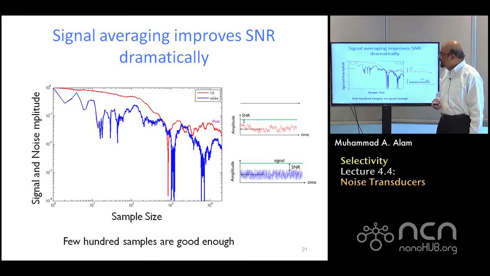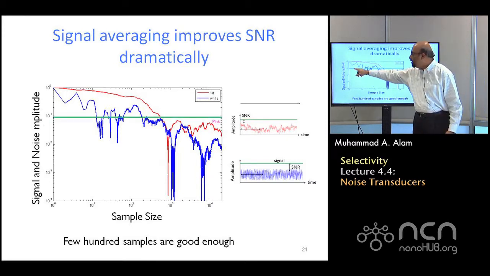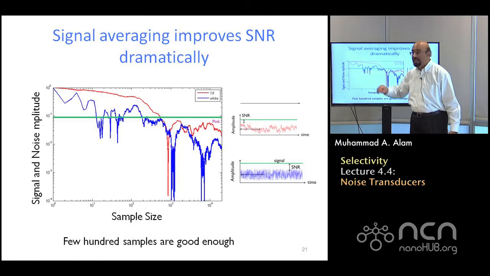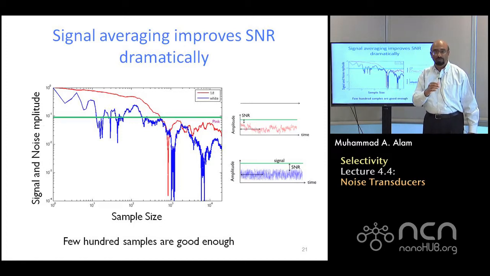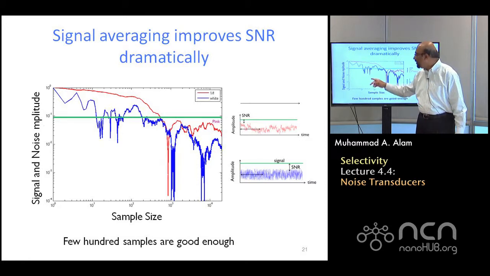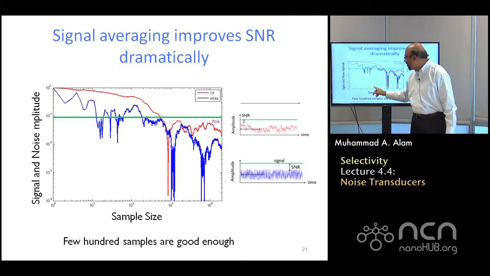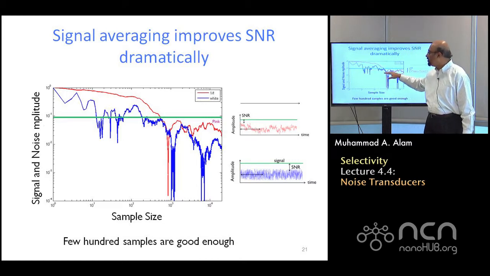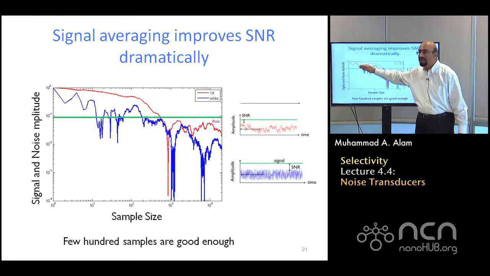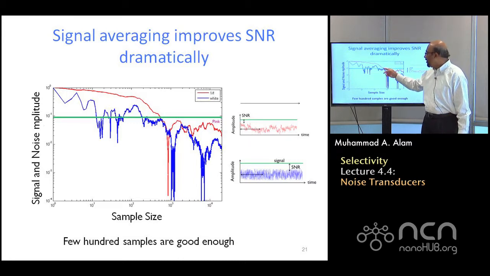Now, in this case, even if your signal was a factor of 10 smaller compared to the noise, in that case, you wouldn't be able to detect anything classically. However, as soon as you take about 50 to 100 samples, you can see for the white noise, essentially, the signal becomes larger than the white noise. And 1 over f noise takes a little bit longer, let's say a couple of 100 samples.